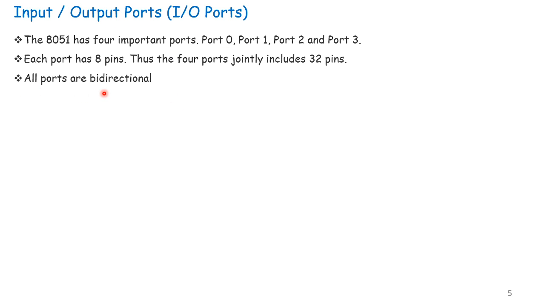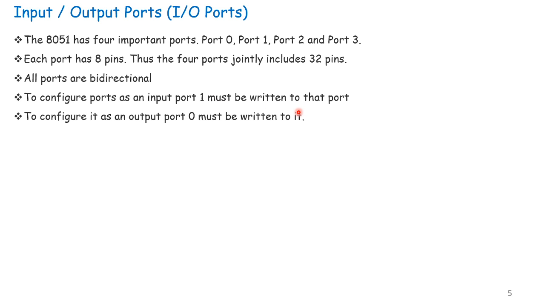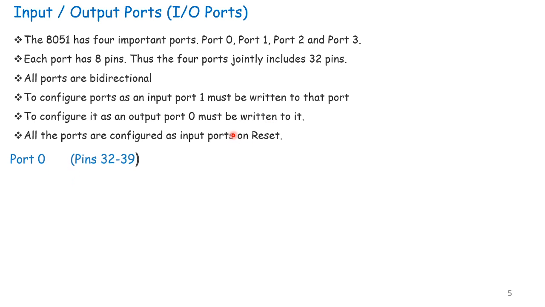All ports are bidirectional ports. The ports can be configured as input or as output. For input port, 1 must be written to that particular port. To configure it as output port, 0 must be written to the port. All the ports are configured as input ports when we reset the microcontroller. Let us discuss port 0, as we explained in the pin diagram.